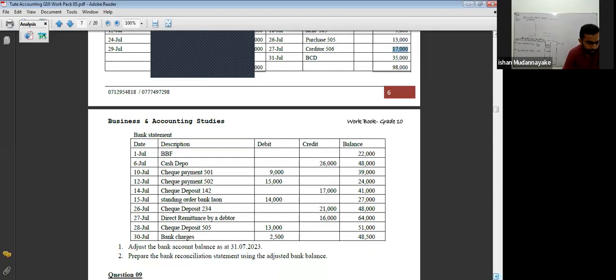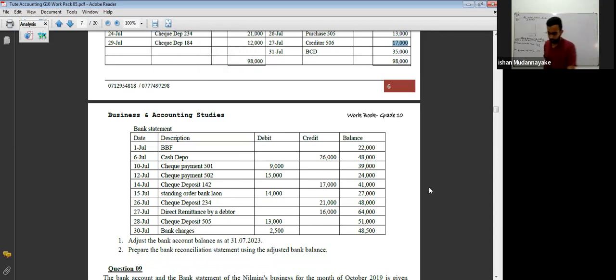Please look at the bank statement. Unmarked point. Okay, right. 26,000 okay. Opening balance 22,000 you have marked. At first we will look at the credit side of the bank statement and then the debit side.